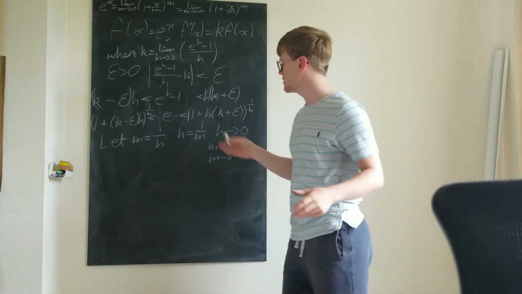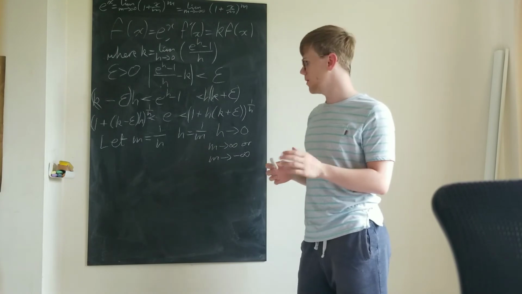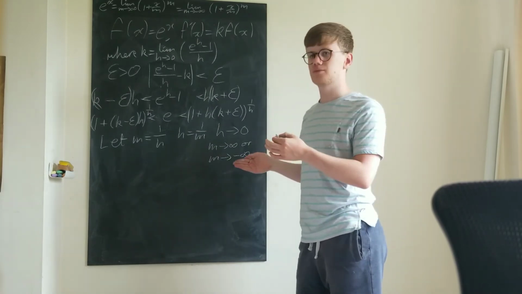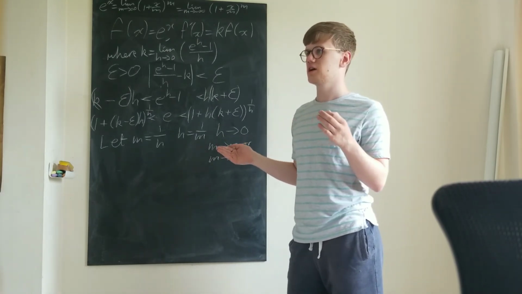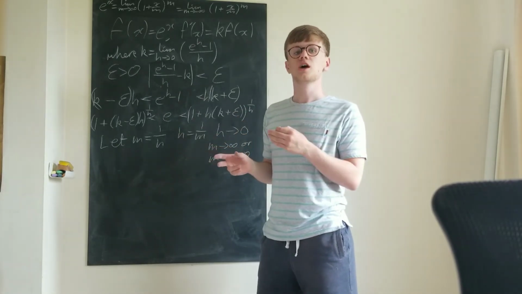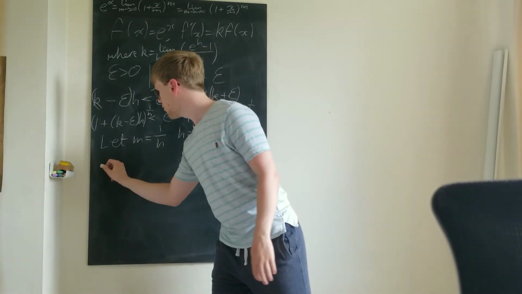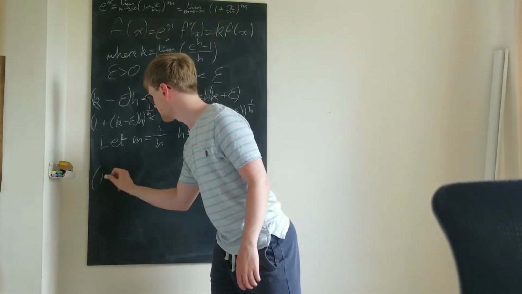And now this statement about taking h smaller and smaller and smaller can be changed. So now I'm saying that for any epsilon greater than 0, instead of choosing a small enough h, I'm choosing a large enough m such that the following expression will be true.